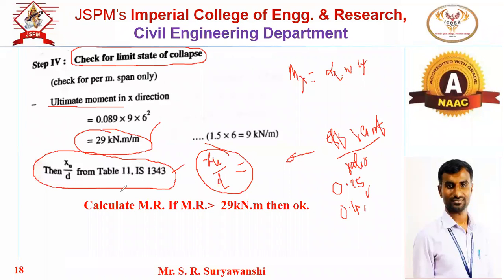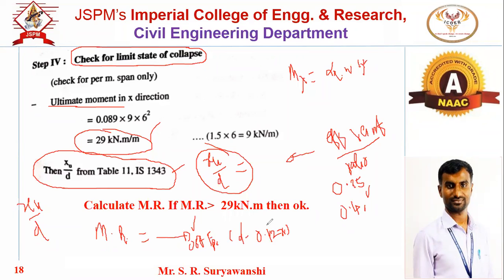Now once we get this xu by d, what is the next step? We have to find out the moment of resistance. That moment of resistance will be the force, 0.85 fpe, in bracket d minus 0.42 xu.